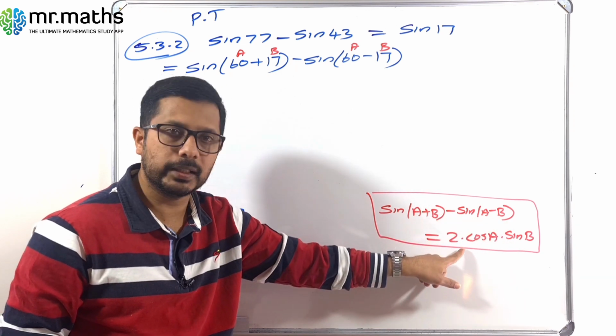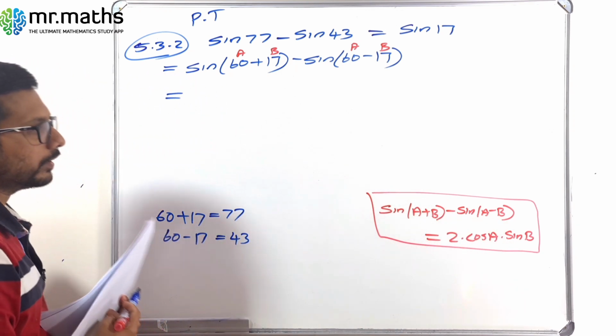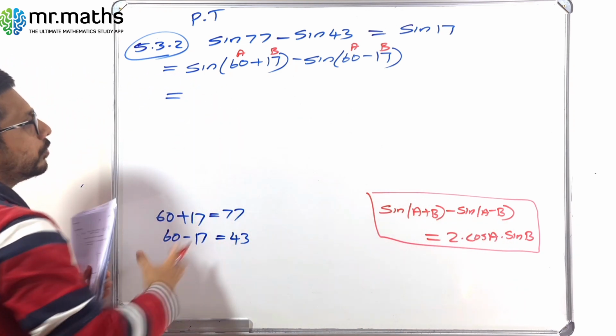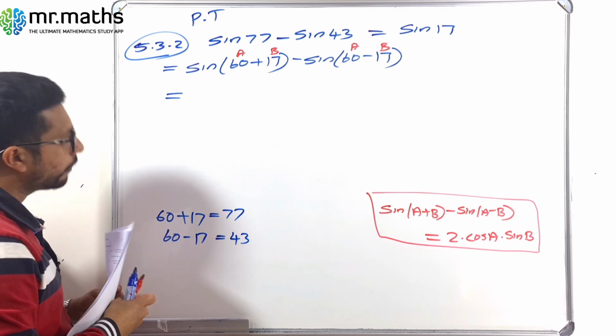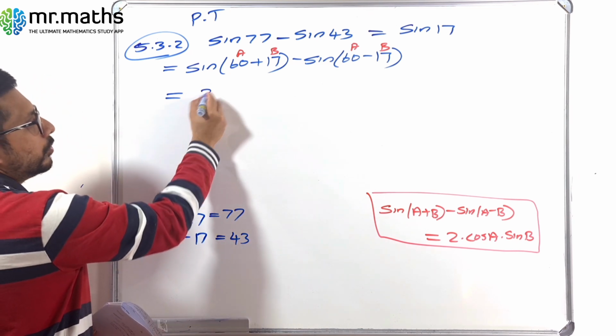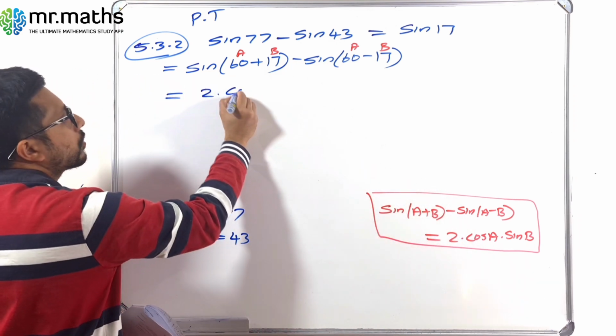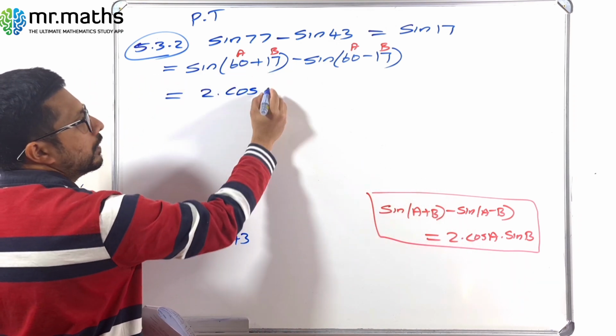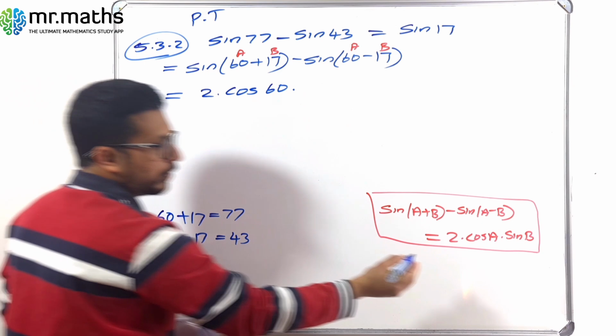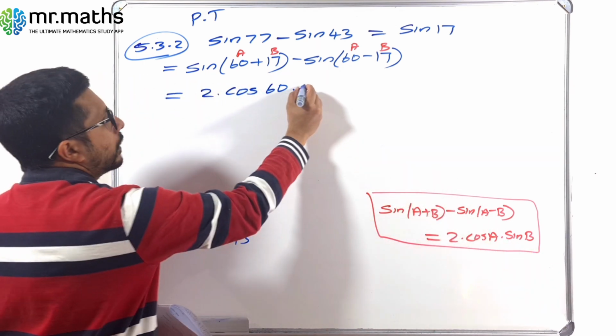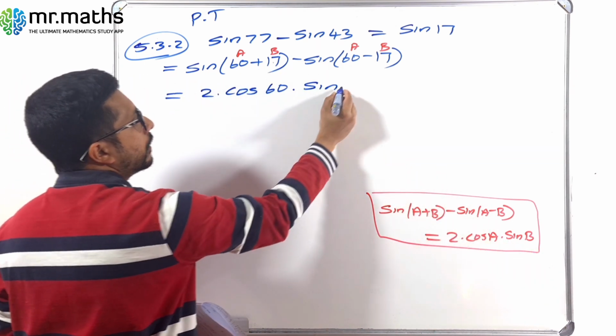So we can write it like this. Okay, so I'm going to write it like that, is equal to 2 times cos A. Cos A, what is A? 60 into sine B.